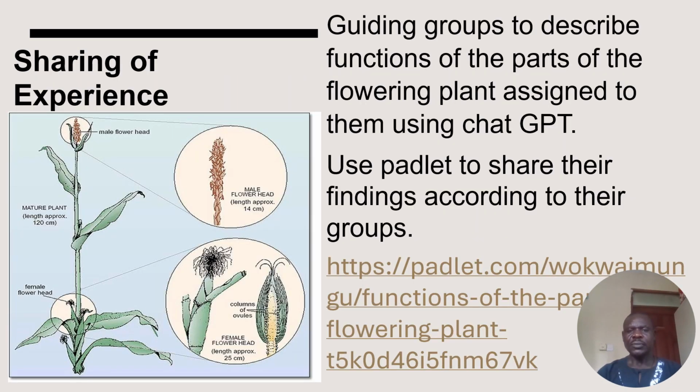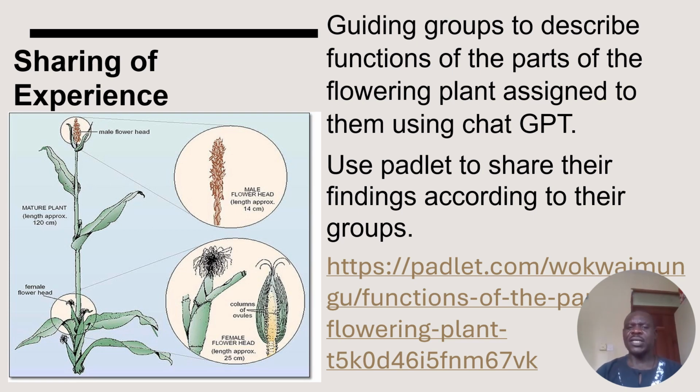Now that you have finished labeling the flowering plant and drawing it very well, I want you now to open your browser, either Chrome or Firefox, and then you look for the functions of the different flowering plants from ChatGPT.